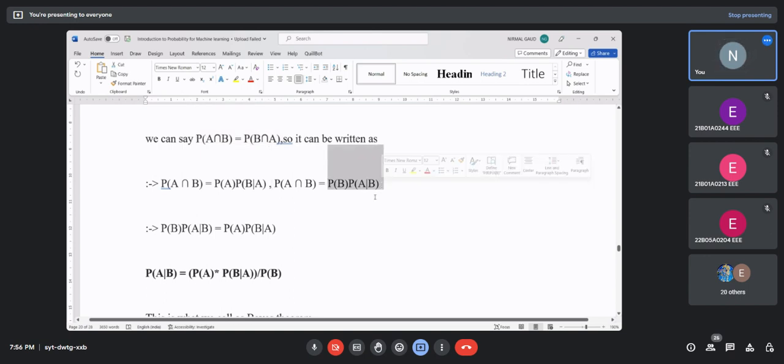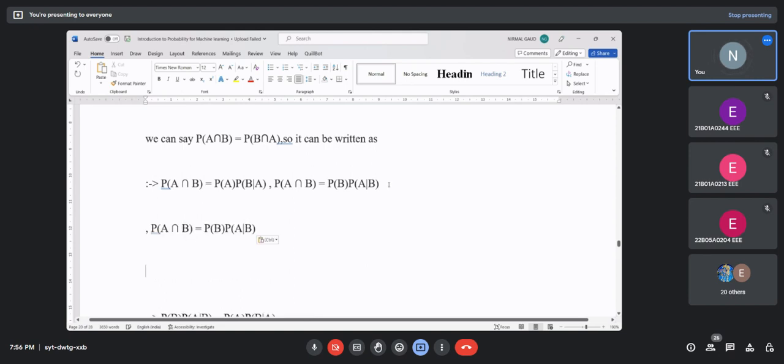This is actually B intersection A. That means the probability of A multiplied by the probability of B with respect to A, where A has already occurred.